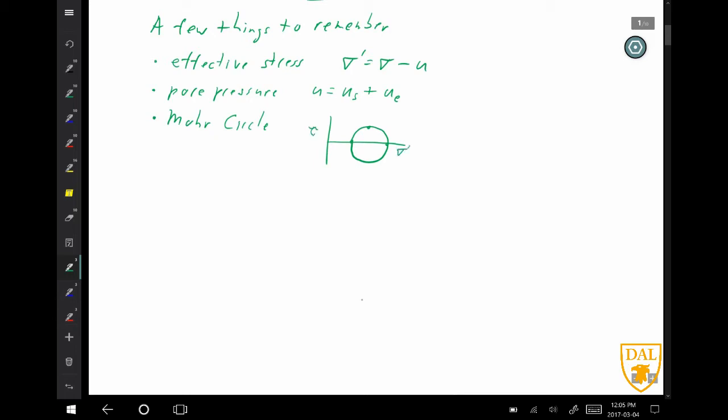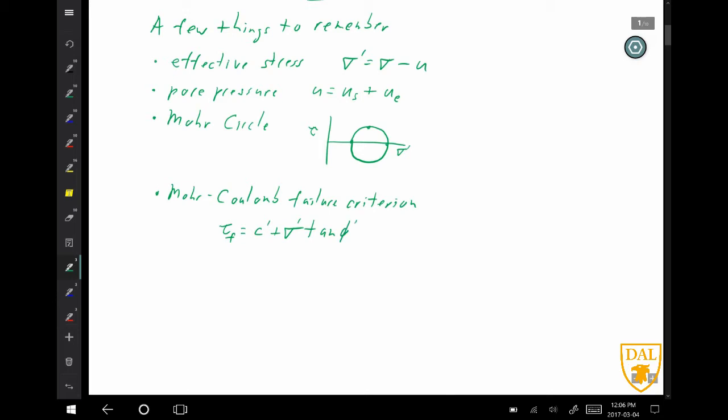And the Mohr-Coulomb failure criteria, which is tau at failure equals the cohesion plus the normal stress on the plane times tan phi.